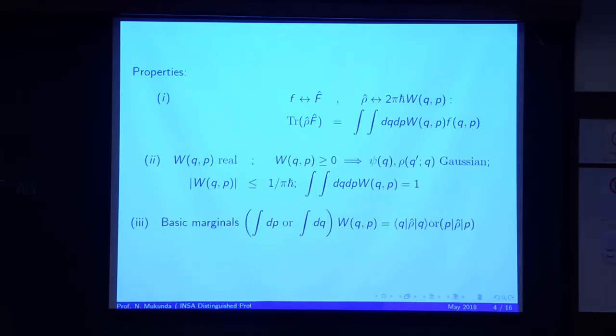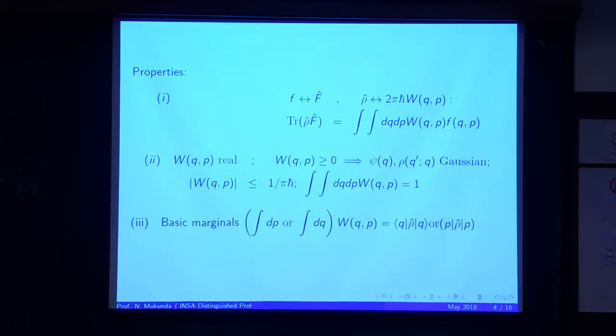As we see, for generic states, W will become negative somewhere, but there are some important restrictions on how negative it can become. The basic marginal conditions are that if you integrate over P, you get the position probability density. If you integrate over Q, you get the momentum probability density.